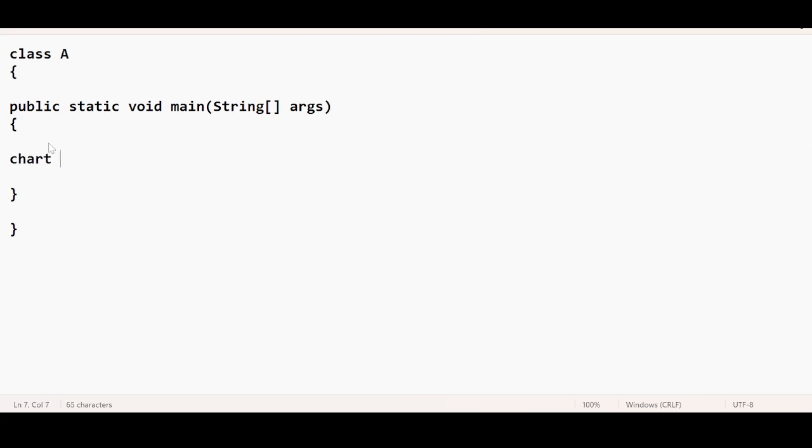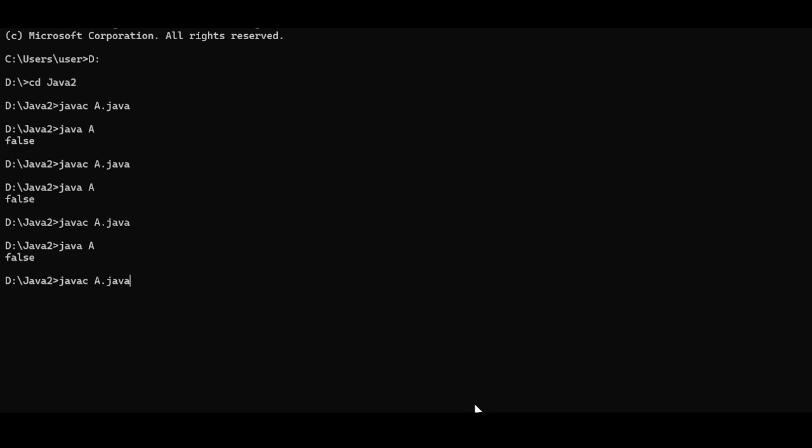I want to take character ENG, English, equal to the alphabet A. I am doing system.out.println, I want to print ENG. If I try to execute this, the answer is very straightforward: A will be printed in the console.